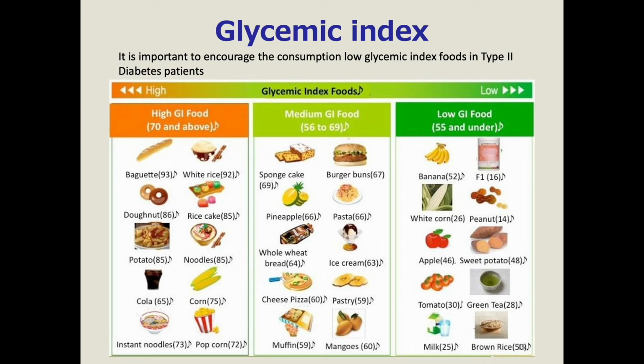So these foods contain high glycemic index, like white bread, white rice, donuts, rice cakes, noodles, Coca-Cola, popcorn.